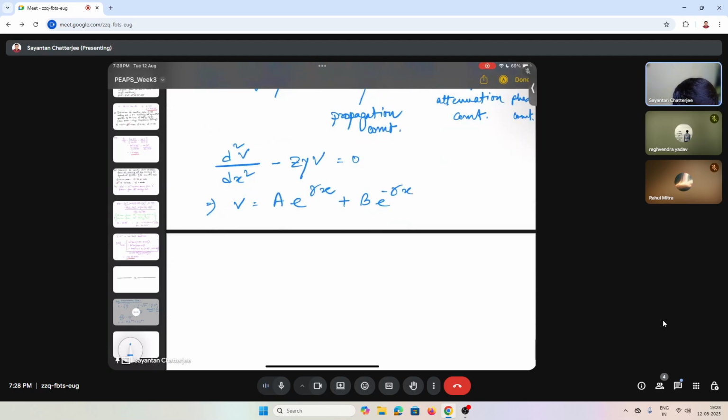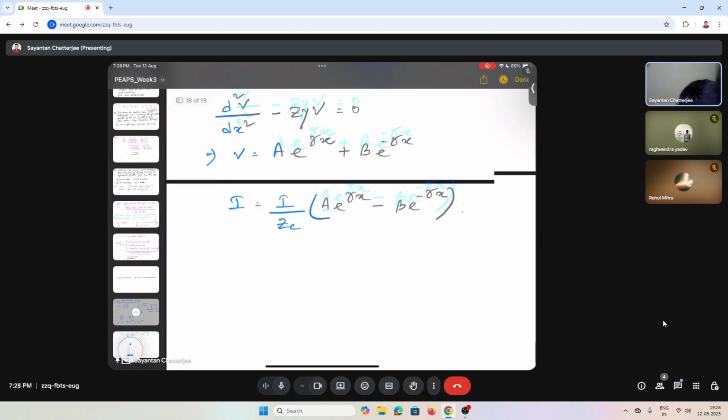Similarly, for the current equation, the final current equation we have also derived, right? So the current equation becomes I equals 1 by ZC into A e to the power gamma x minus B e to the power minus gamma x. So these two are the equations, okay? And when x is equal to 0, that means the receiving end.